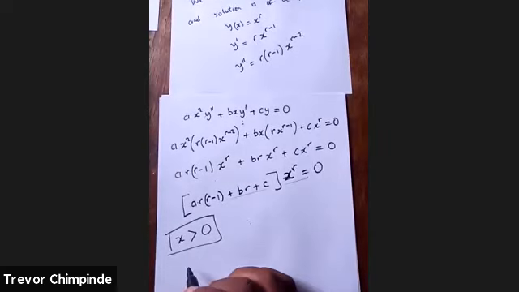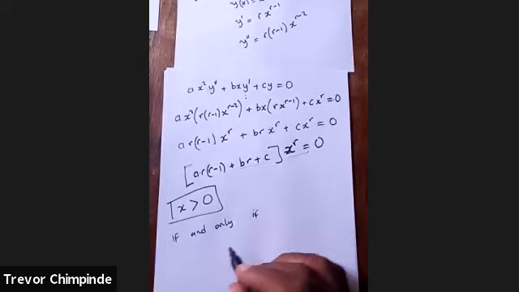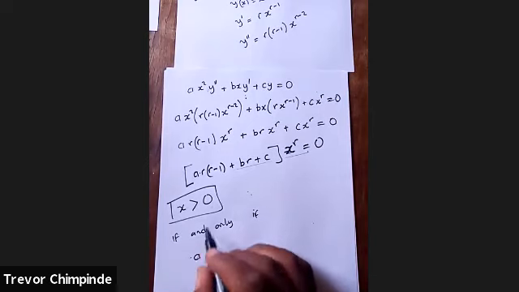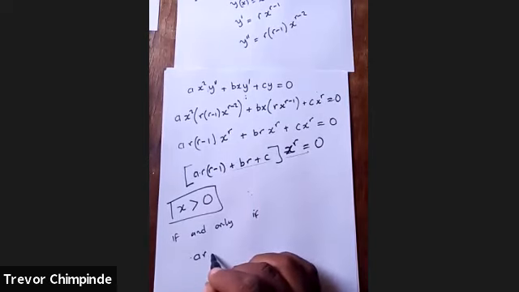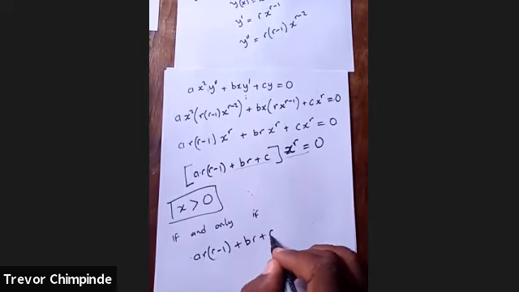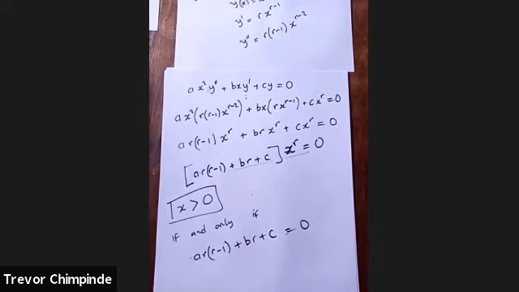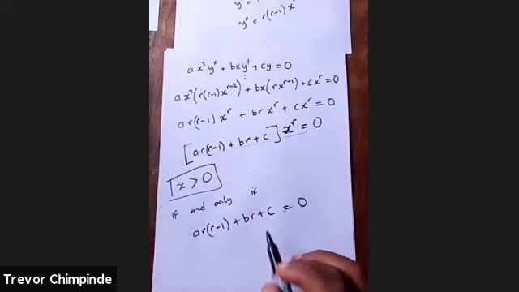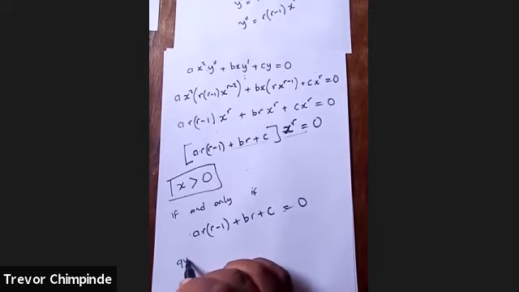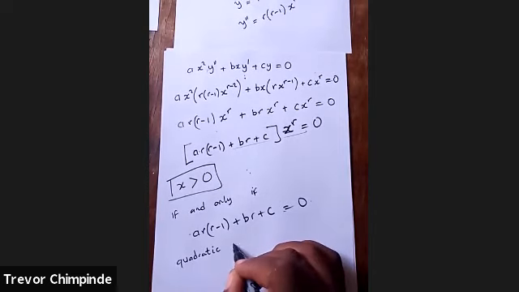So this happens if and only if what we have in the brackets, a r (r minus 1) plus b r plus c is equal to 0. If you examine this, what you get is a quadratic equation in r. The variable here is r.